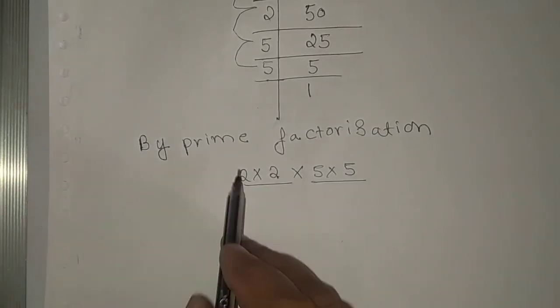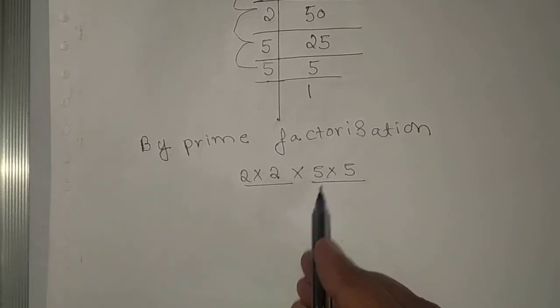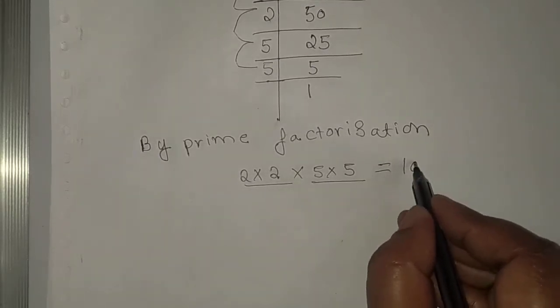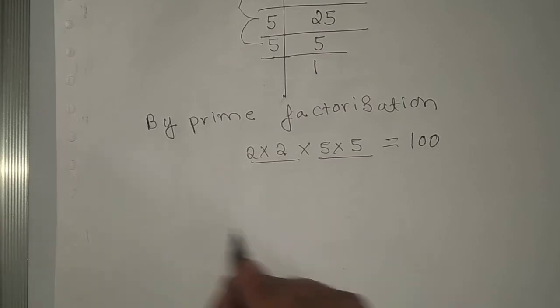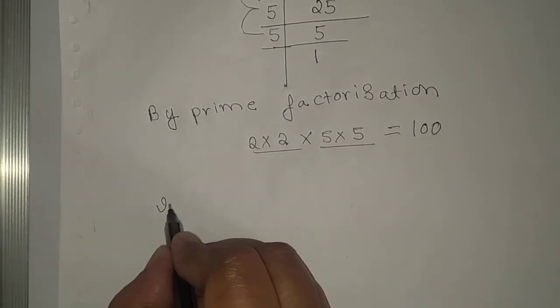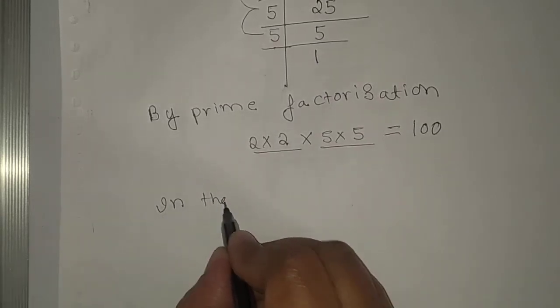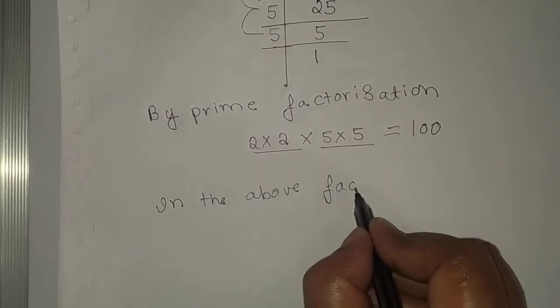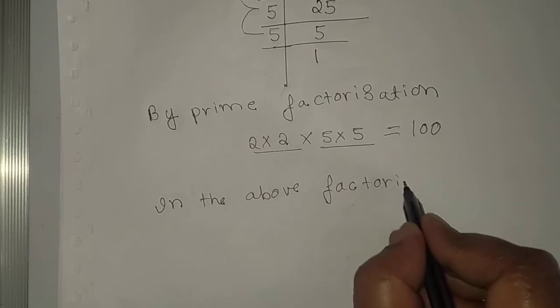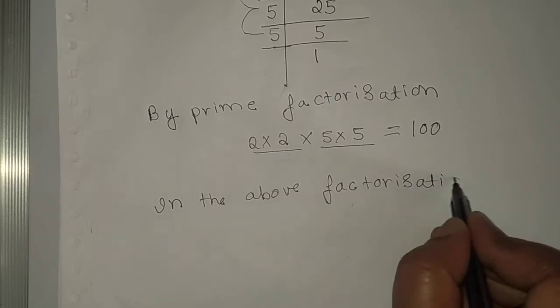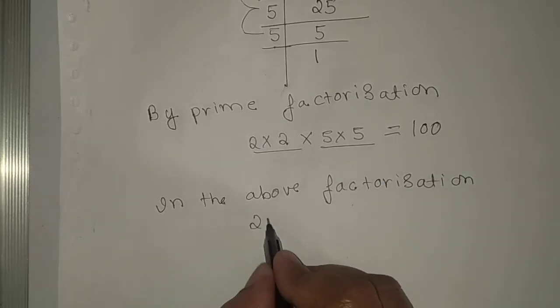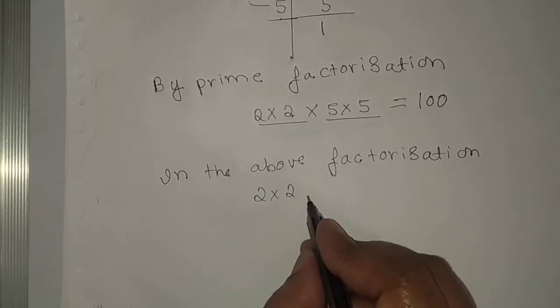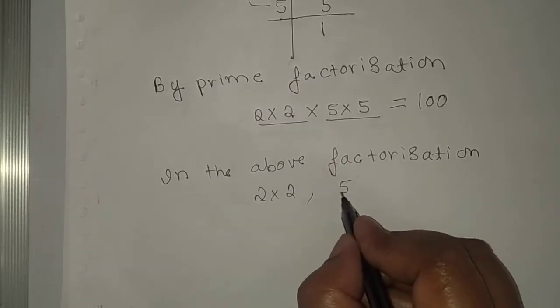Each group has two numbers, only two groups are there, which is equal to 100. In the above factorization, that is 2 into 2 and 5 into 5.